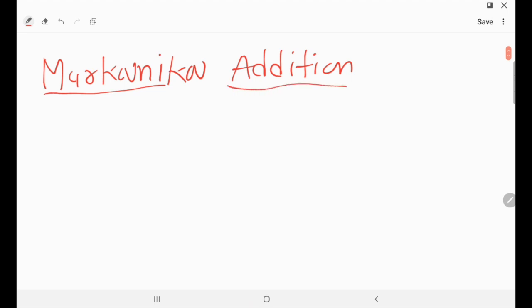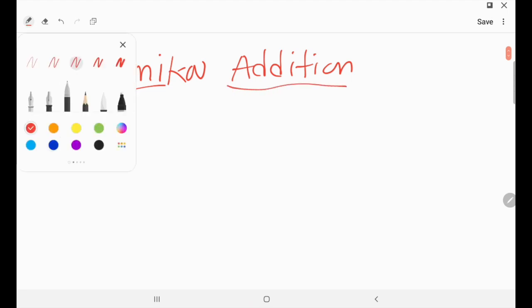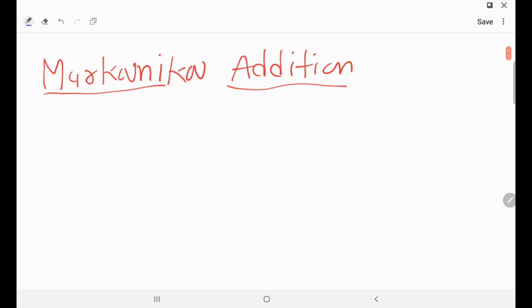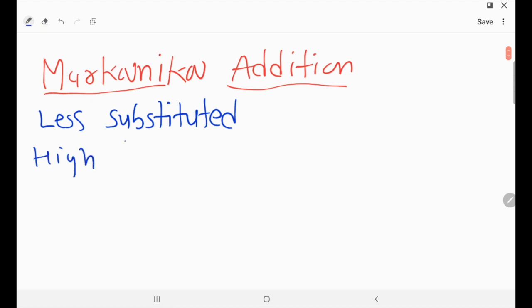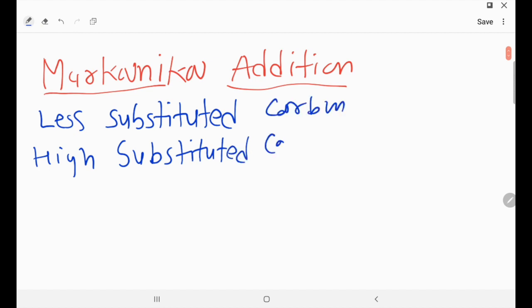In the last session we already discussed the less substituted carbon and the more substituted or highly substituted carbon. So now one question arises in our brain: what is a less substituted carbon?